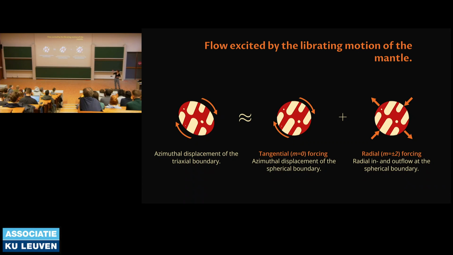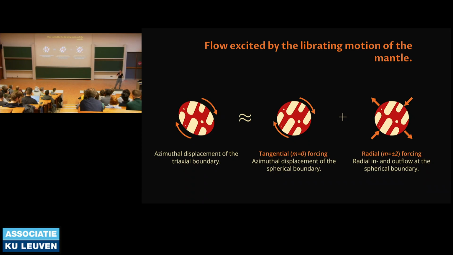And I actually remember that I said Coriolis can solve for near-spherical boundaries, and that's what we solve here for the spherical boundary. But because Mercury is also not exactly spherical, it's slightly triaxial, we look at two forcings from the boundary.